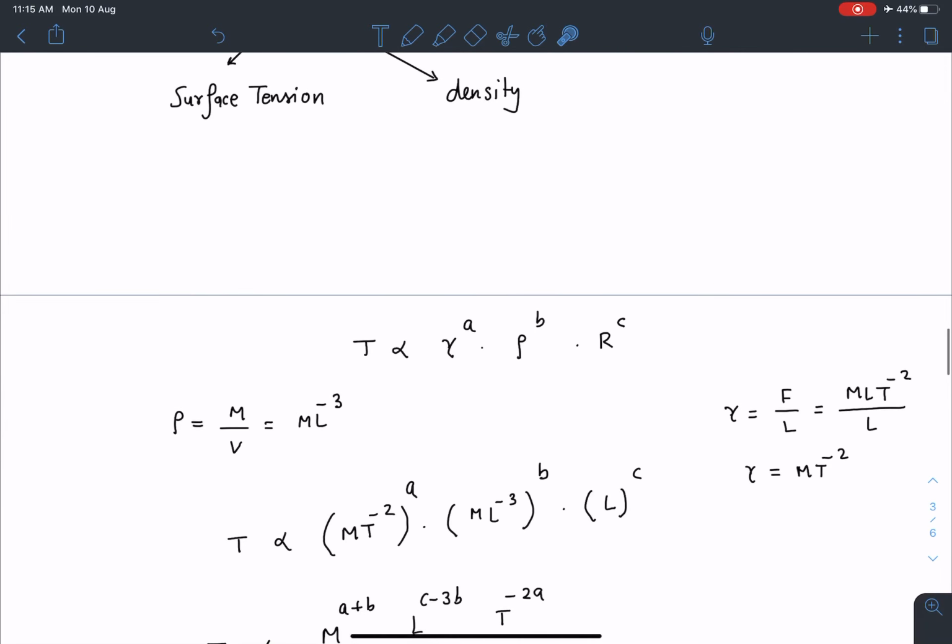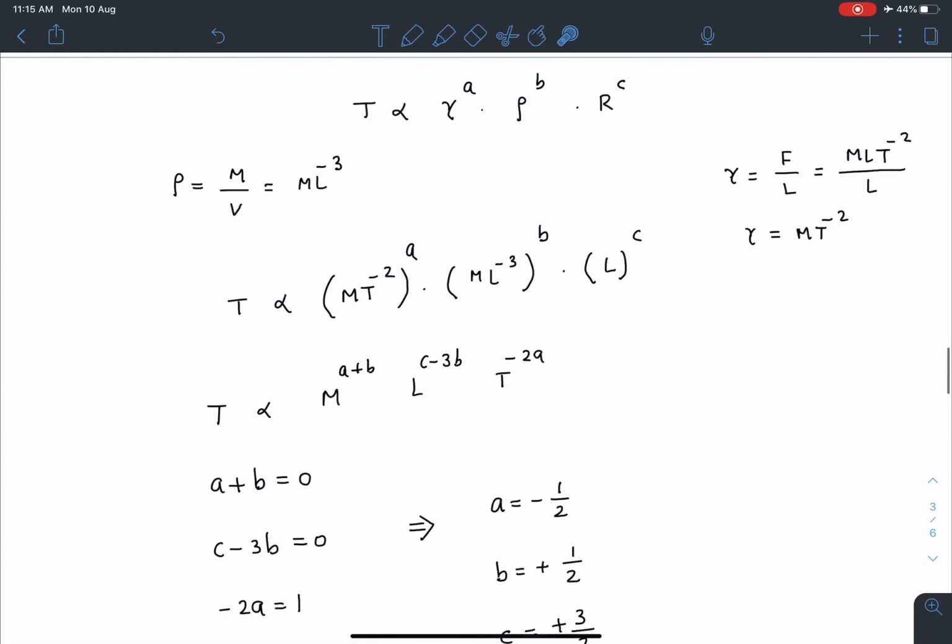So I can simply write that the time period must be proportional to surface tension to the power a, density to the power b, and radius R to the power c. We are going to calculate these a, b, c values here.